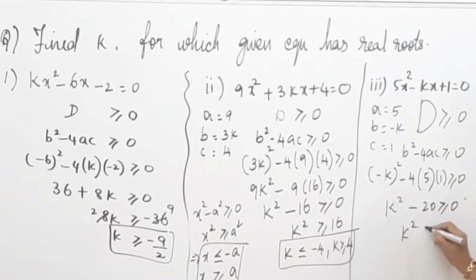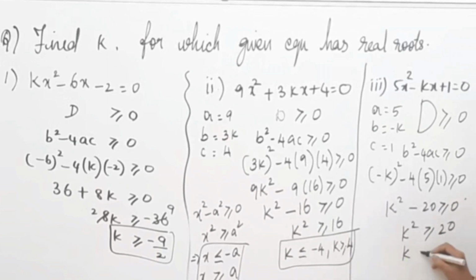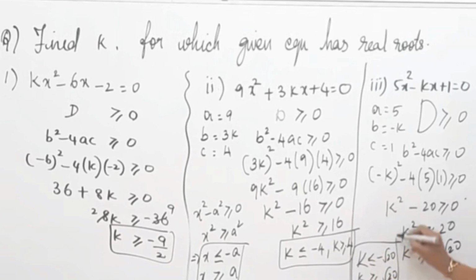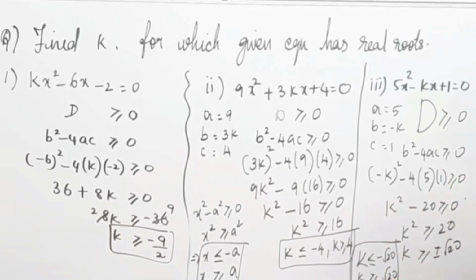So k square is greater than or equal to plus 20. So k is greater than or equal to plus or minus root 20. So how do we write it? We write k is less than or equal to minus root 20 and k is greater than or equal to plus root 20. So that's the value for k.